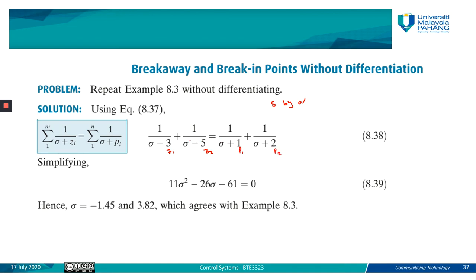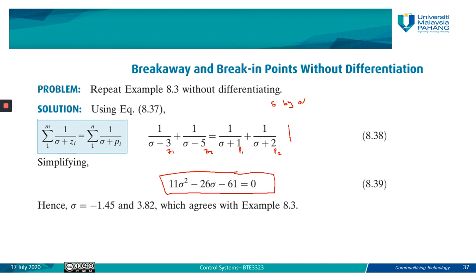So we substitute here. Then we simplify this equation by adding them as fractions. You take sigma minus 3 and sigma minus 5 as a common denominator and solve the left side. Also for the right side, you simplify, and you are going to get the same equation, which is 11 sigma square minus 26 sigma equal to 0.